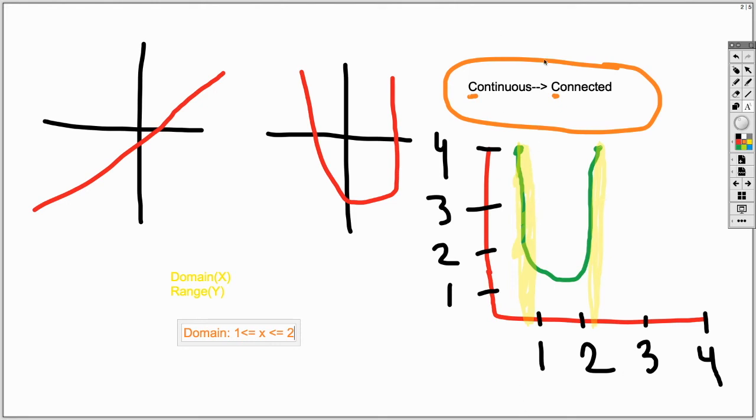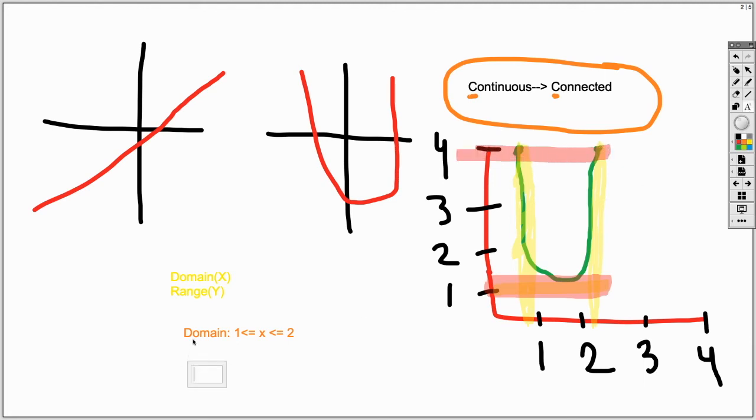You just go upwards and see where it hits. Then for range, you do the same, but with Y. So I would see that it starts around 1 or 1.25, and it ends at 4.